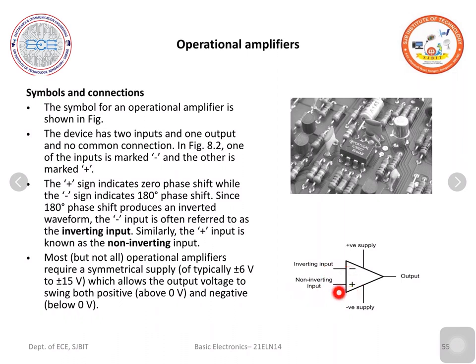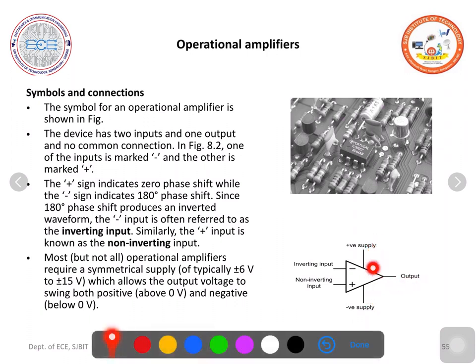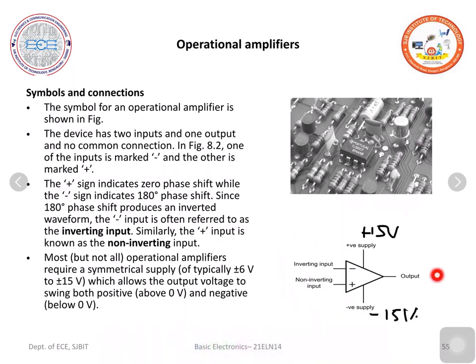The symbol for the operational amplifier is this. Here it has two inputs. One is the inverting input. This is the non-inverting input. One output terminal, and it will have the supply voltages. Usually this will be plus 15 volts, here minus 15 volts.